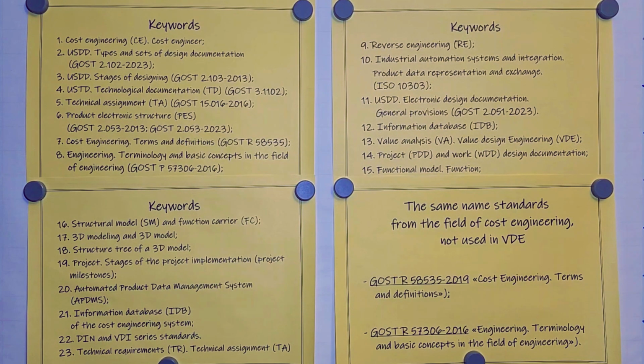In particular, numerous textbooks and reference books on value analysis, which usually contain sections on value design engineering, as well as scientific publications, give students the opportunity to familiarize themselves with them independently. Such a restriction is due to the purely practical orientation of the value design engineering cases under consideration.